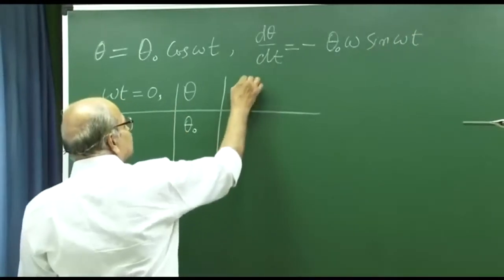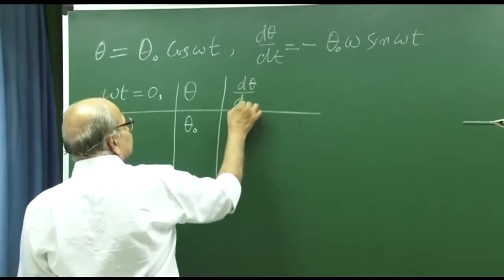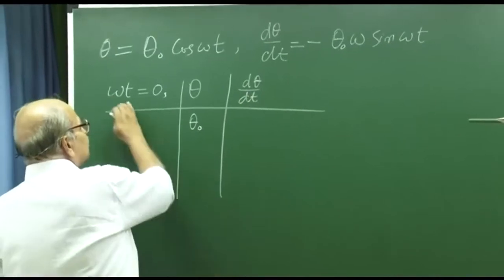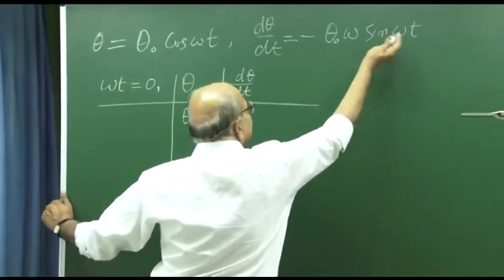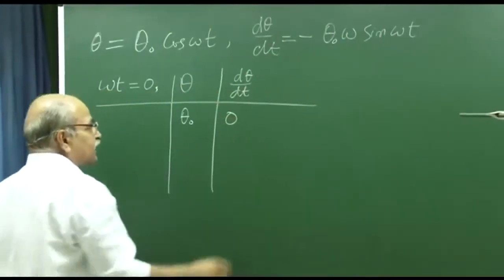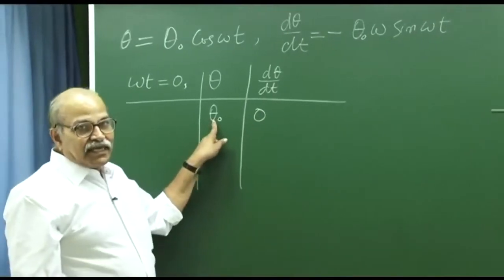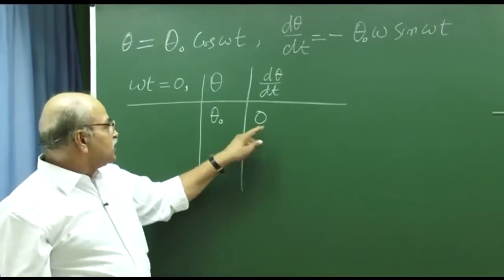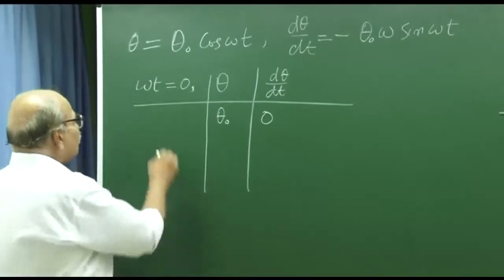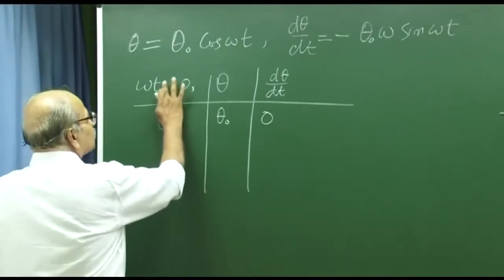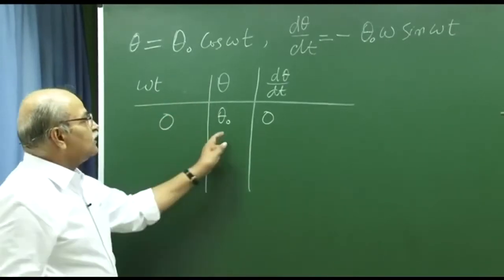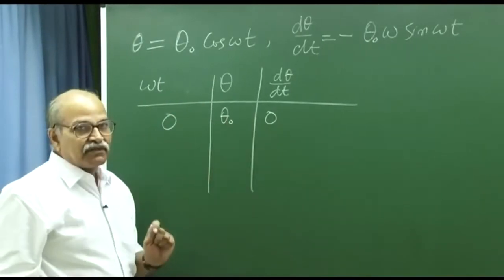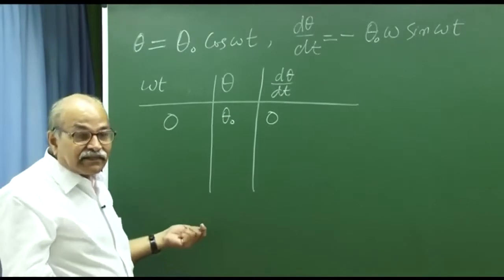So, if this is 0, sine 0 is 0, so this is 0, correct. Once it is at extreme position, the velocity should be 0. So, just by giving that value of omega t, which is 0 here, you get the position, you get the velocity, so the phase is decided.